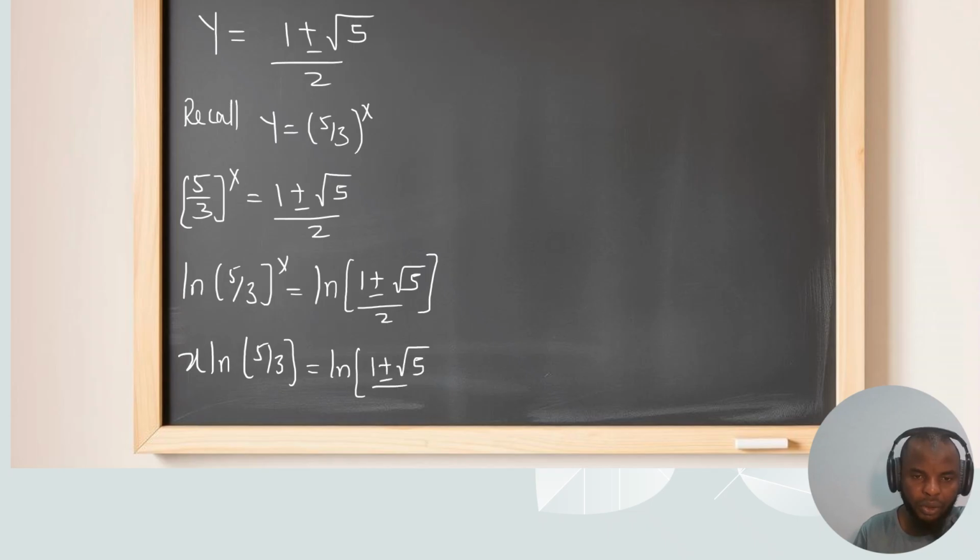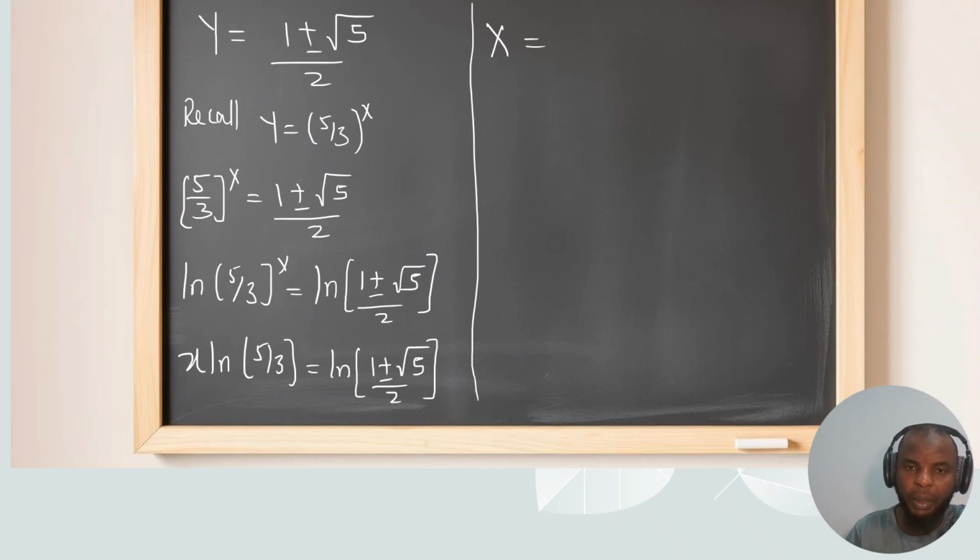Solving this further, you can have x equal to what? There's something we need to take note of here. Let me just write this as ln of 1 plus or minus root 5, minus ln 2.